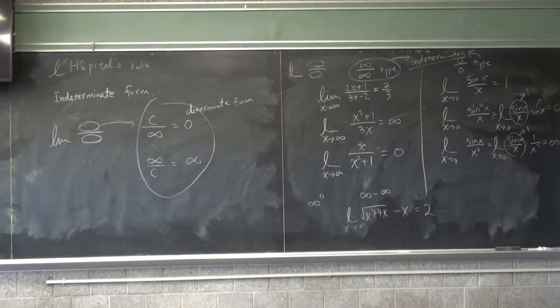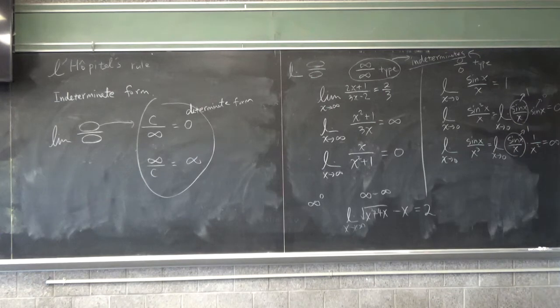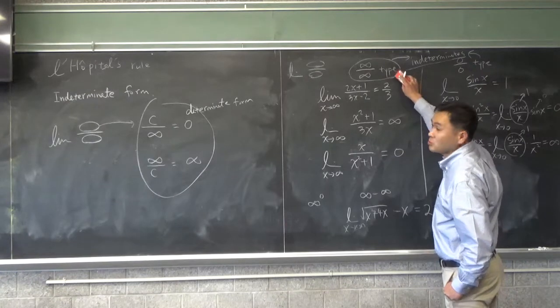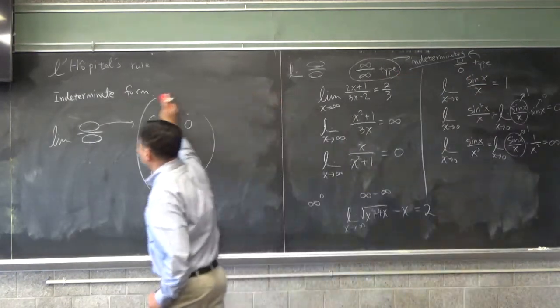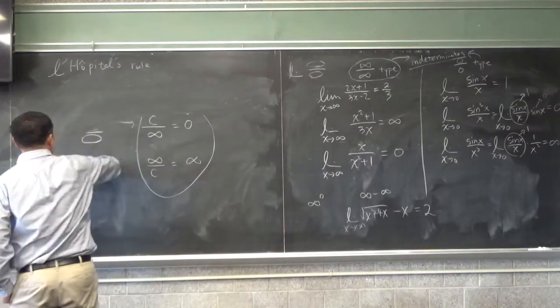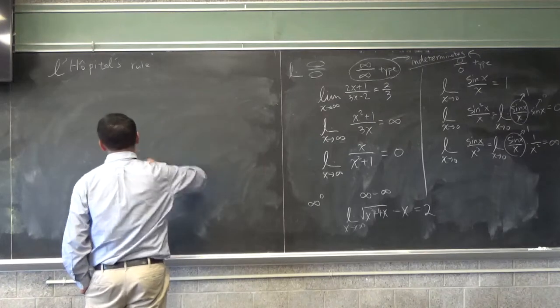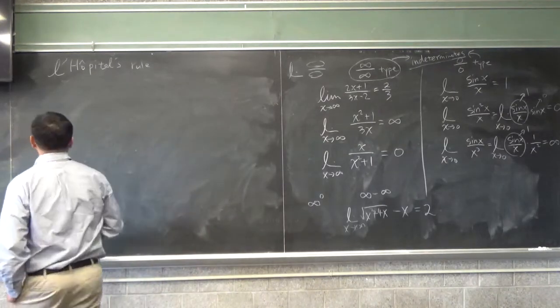So there are many kinds of indeterminate forms, but among those, the ones that we need to know for L'Hopital's will be these two: infinity over infinity type and 0 over 0 type. Okay, so once you are sure of what indeterminate forms are like, let me state L'Hopital's theorem. It works like this.